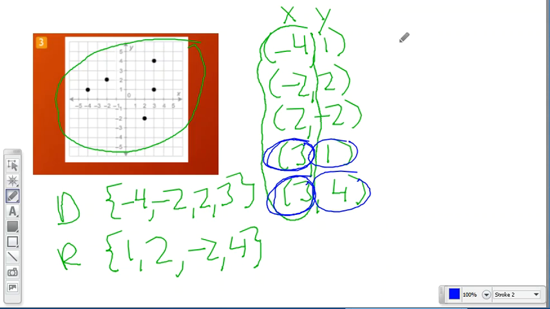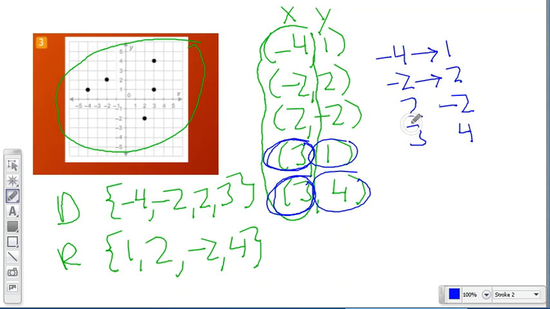If I were to do this as an arrow diagram, negative 4 would pair with 1, negative 2 would pair with 2, 2 would pair with negative 2, 3 would pair with 1, and 3 would pair with 4.